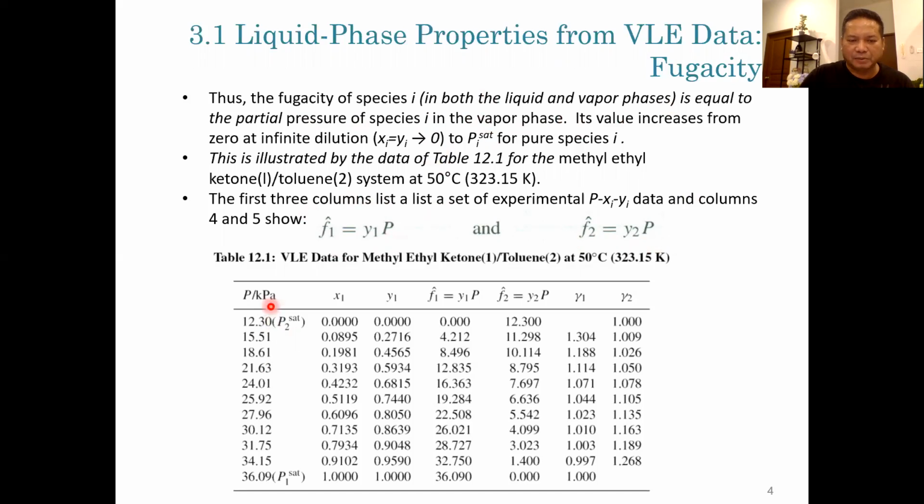This is our pressure, this is the vapor pressure for pure species 2, and this is the vapor pressure for pure species 1. This is x1 for liquid and this is for vapor. These are the fugacity coefficients phi 1 and phi 2, and these are the activity coefficients gamma 1 and gamma 2.